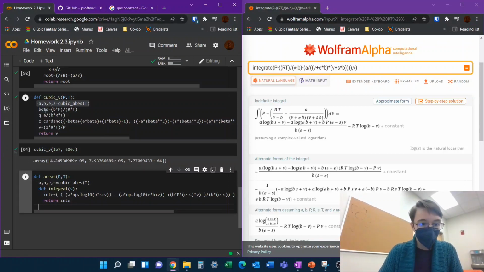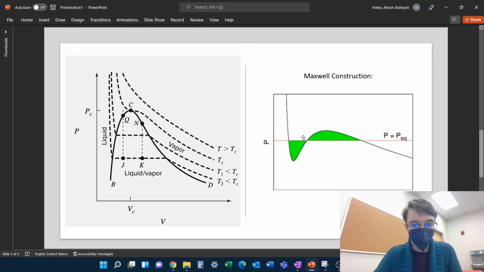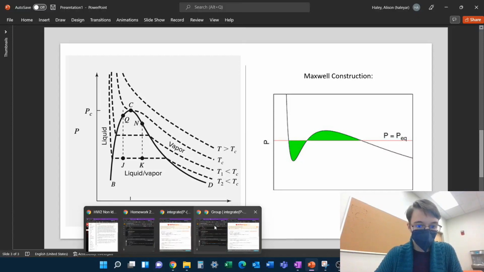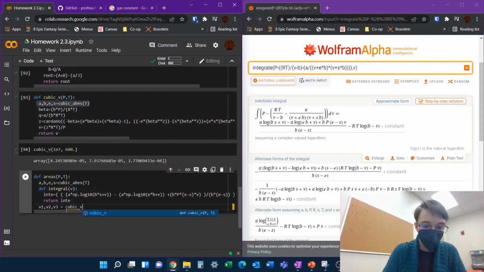So we're going to unpack the array that it gives us as V1, V2, and V3. So if we're looking over here at this plot, we've got V1, V2, and V3. So then that is going to be equal to cubic V of the pressure and the temperature.